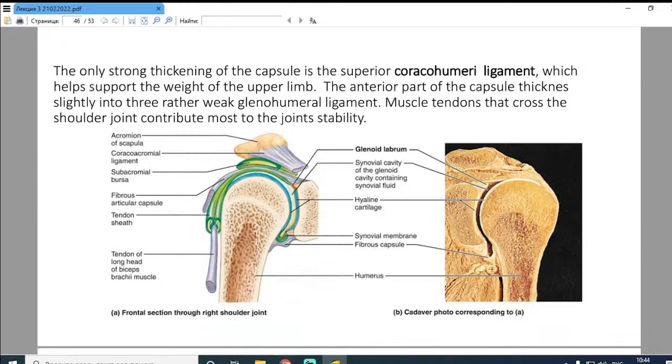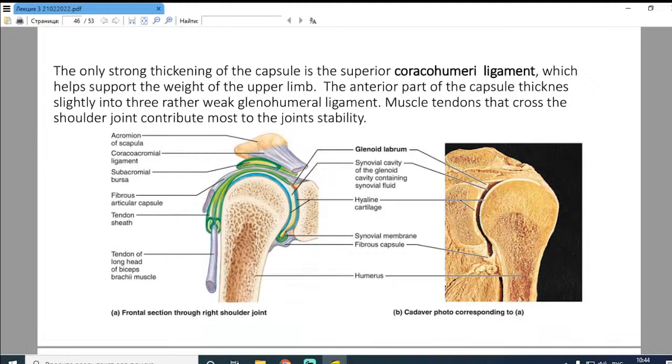The anterior part of the capsule thickens slightly into three rather weak glenohumeral ligaments. Muscle tendons that cross the shoulder joint contribute most to the joint's stability.